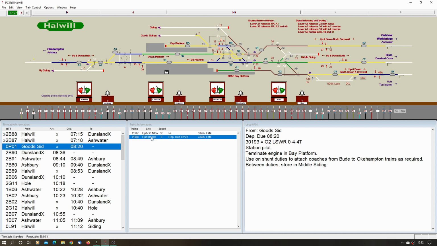The train information window is showing that passenger actually standing now at Dunslands Cross. I'm hoping I'm pronouncing that correct. It's already sent out a section for it, so it'll just disappear off the information window shortly.